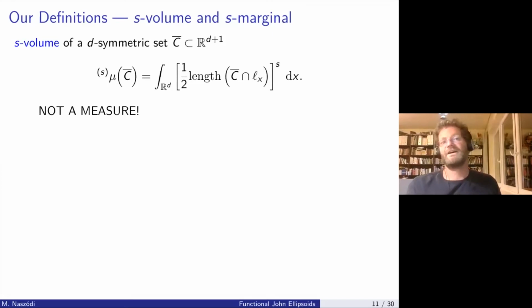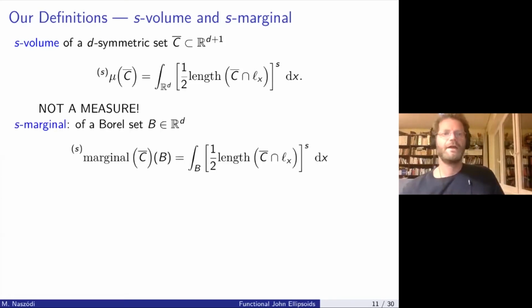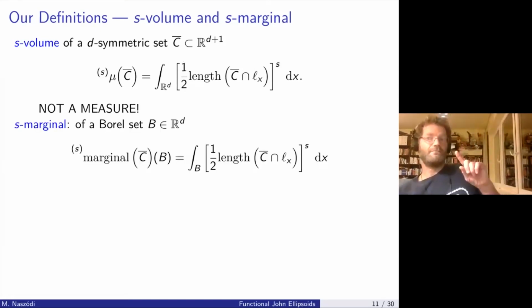Now, this is not a measure. I called it the S volume, but it's not a measure because it doesn't even make sense for non-symmetric sets, only these symmetric sets. It's not a measure, but it's a nice functional. But now you can take the marginal of this non-measure. What do I mean by marginal?